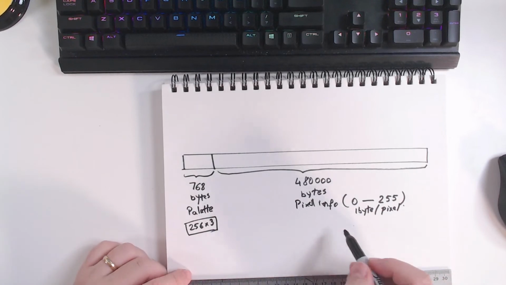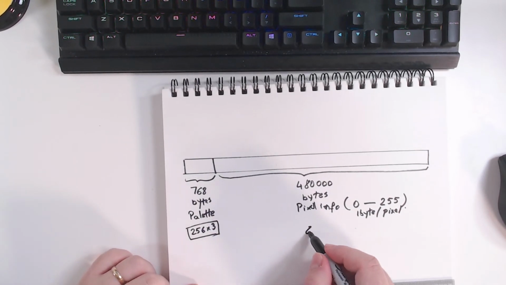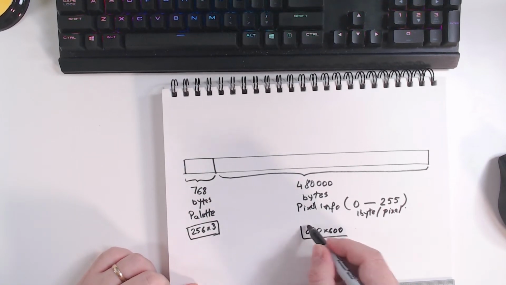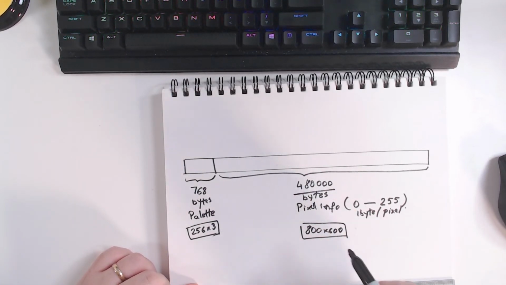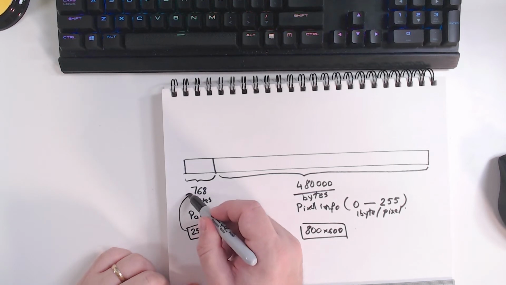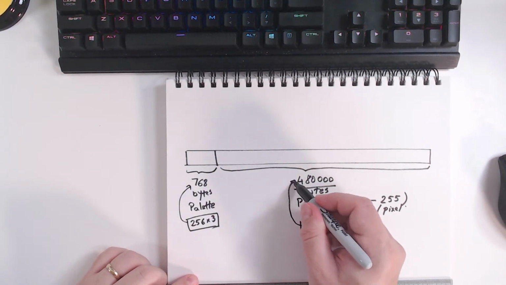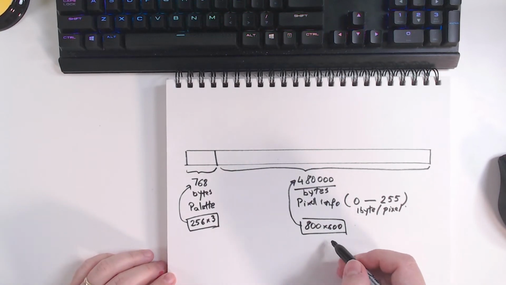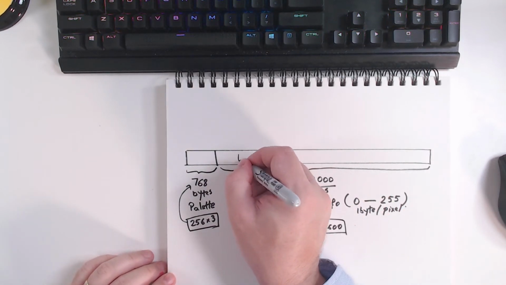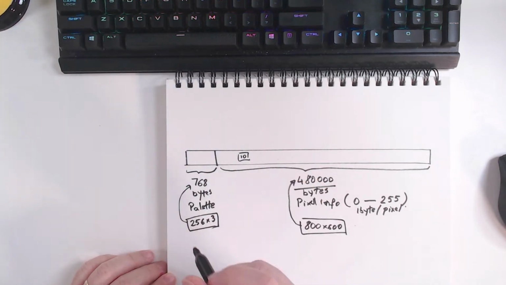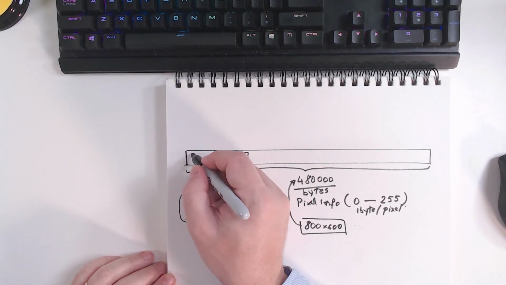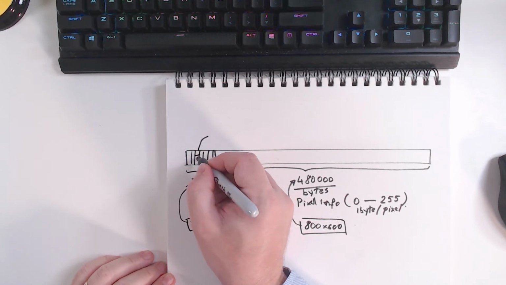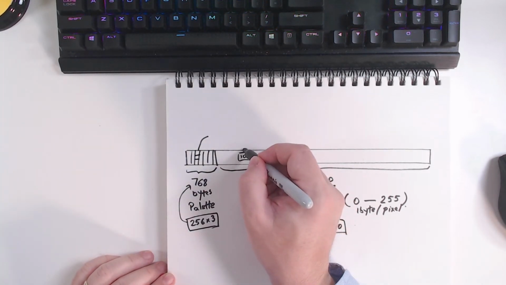And this number is because it's 800 by 600, right? That's why we have this number. So 768 and this number. And for each pixel, we have to do a lookup. So for each pixel here, we read, for instance, number 10. Well, number 10 is somewhere here in the palette and contains RGB values.